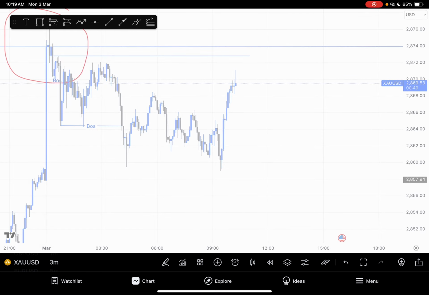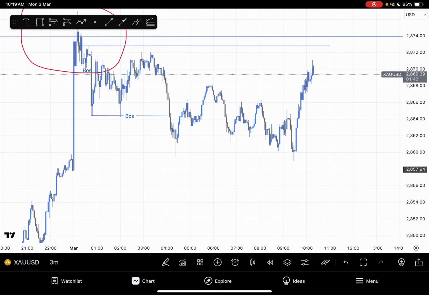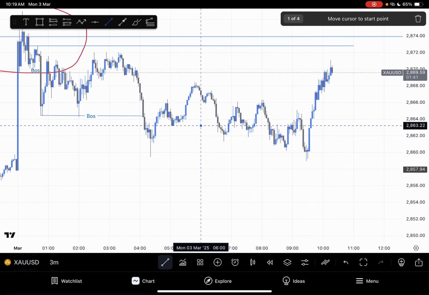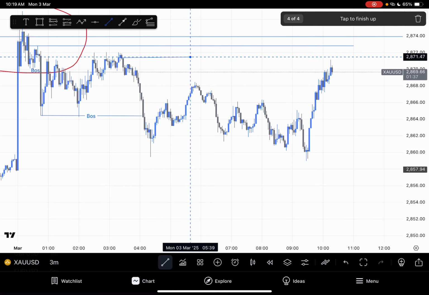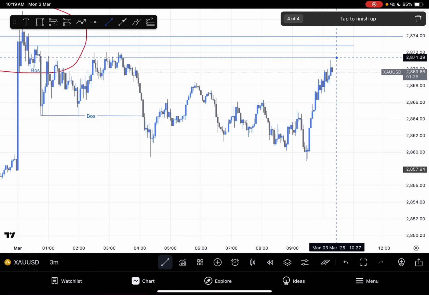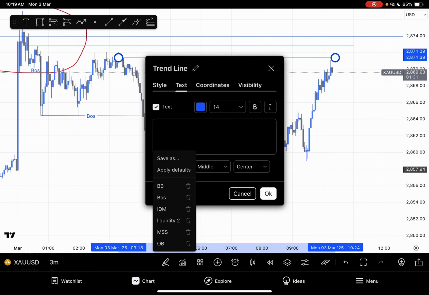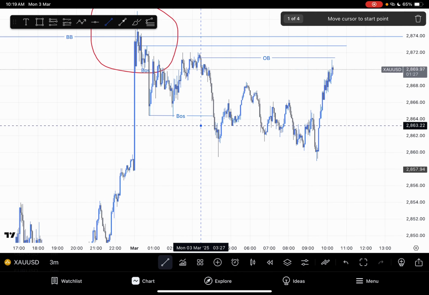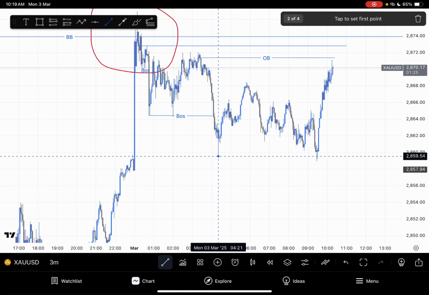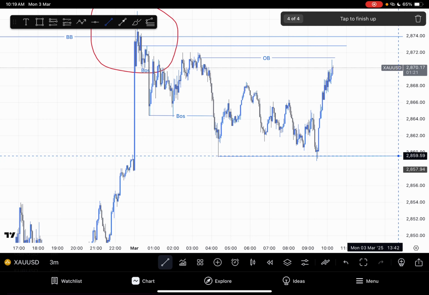Always use multiple time frames to check for more entries. Okay, yes, I think there's an OB here at this point. So I'm expecting price to come back to take out this previous low as the next break of structure.